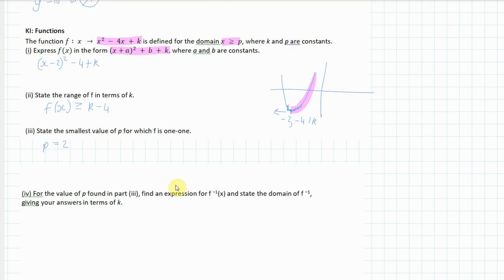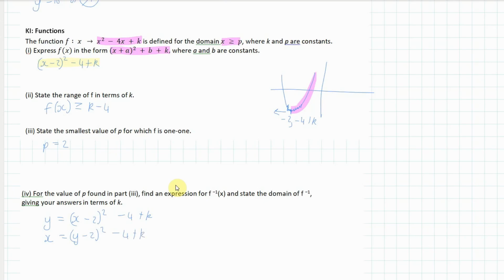Okay, for the value of p found, so now we've got to find the inverse. Now when you're doing an inverse with a quadratic, I want you to do it with the completed square version. So we're going to go y equals x minus 2 squared minus 4 plus k, and we swap in our x and y values, so we get this as our second step.